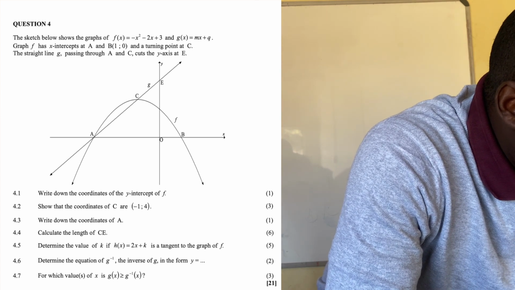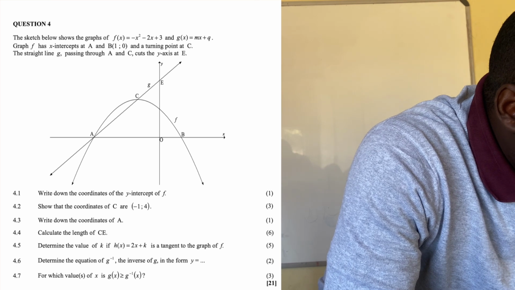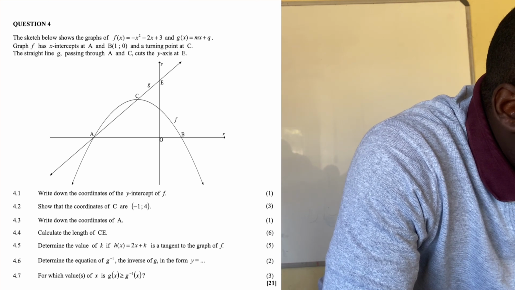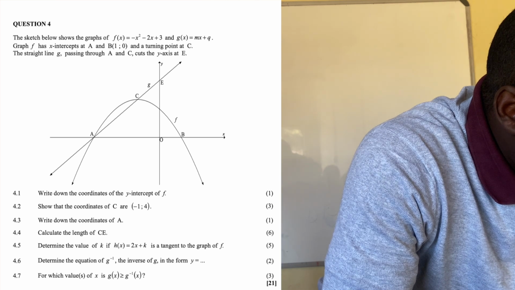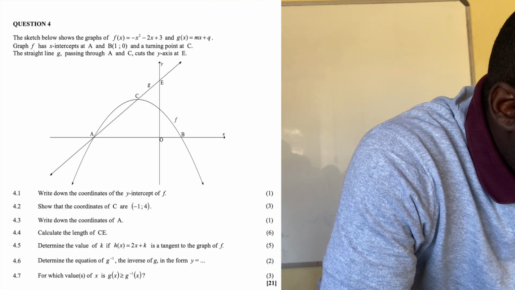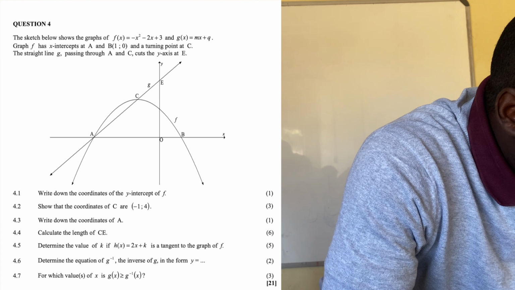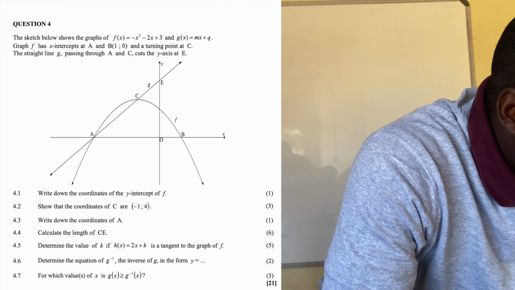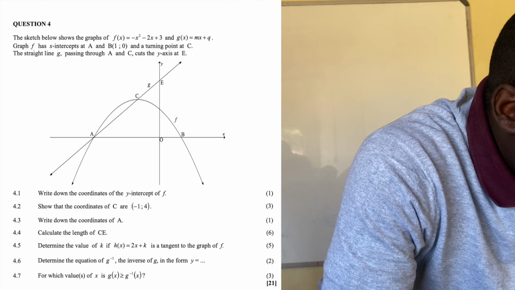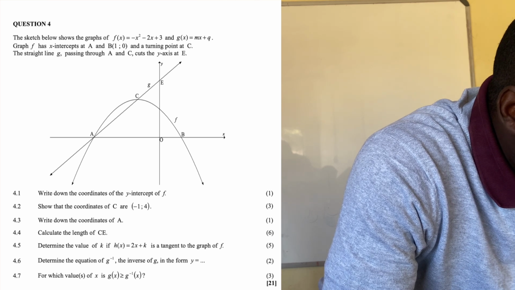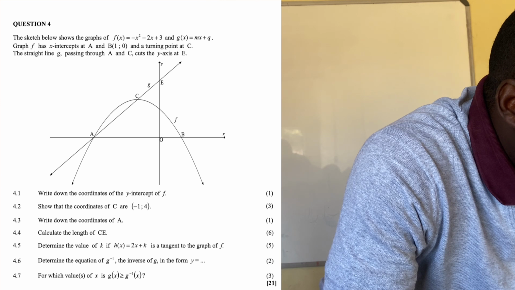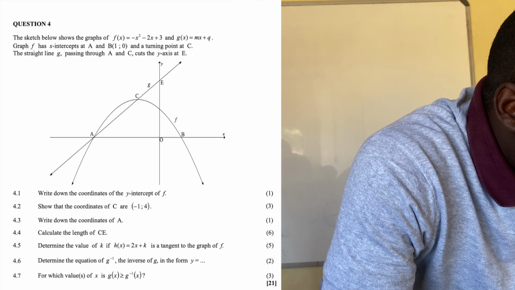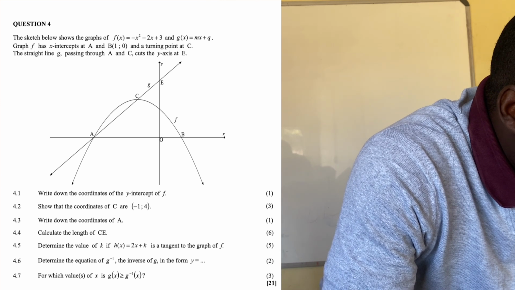We have the coordinates of b, and then the turning point at C. We see C. And then the straight line G passing through A and C cuts the x-axis at E. Do we see E? Yeah, so we have that straight line, that is G, passes through A, C, and E. And E is the y-intercept.